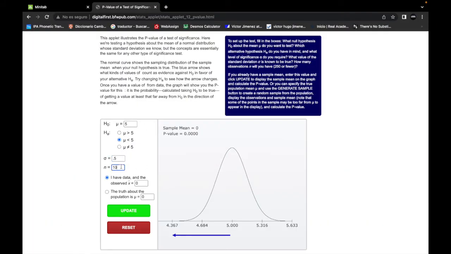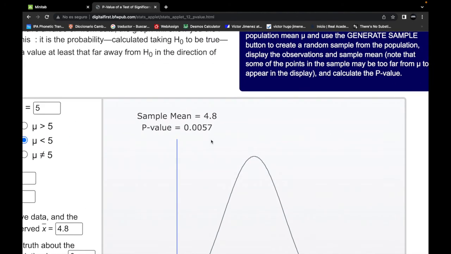First, n equal to 40. The observed x bar is 4.8. And there you have it. The p-value is the first p-value. You have to pay attention to the first p-value.